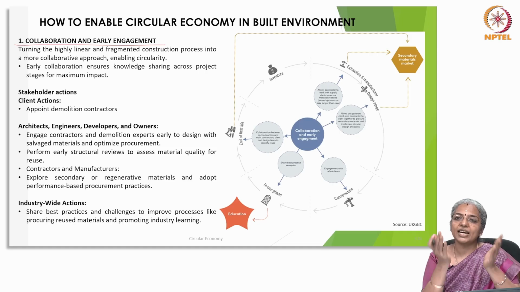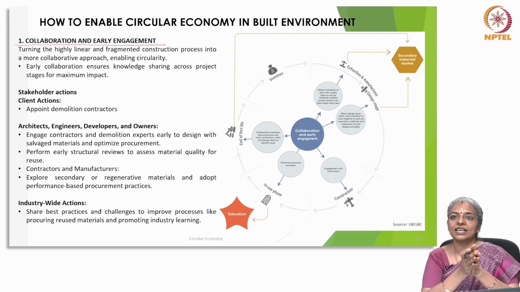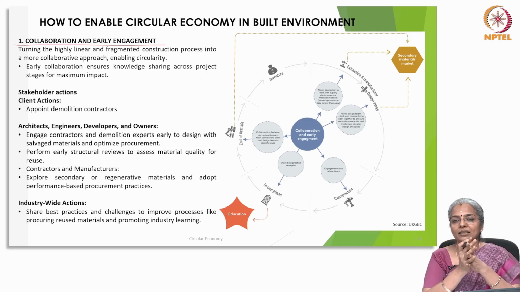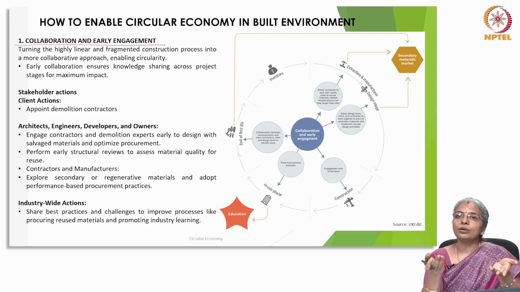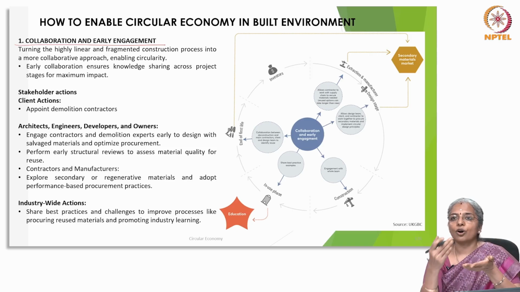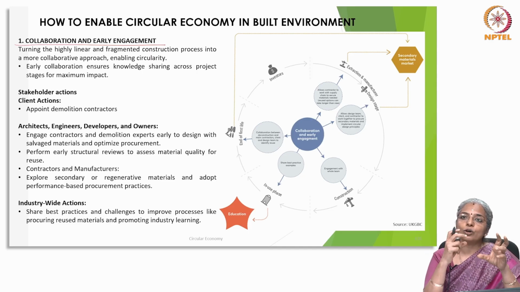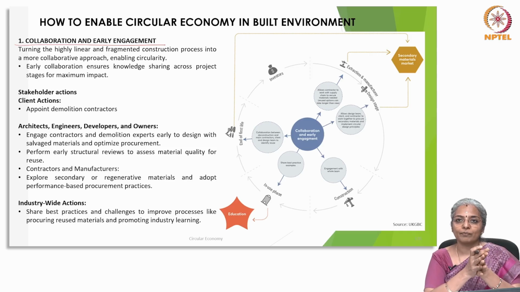We can have a shared vision and link early and late project stages, and this can be a key to overcoming barriers. We can also involve demolition contractors early so that we can design for disassembly and support circular economy goals. That is what I mean by collaboration.